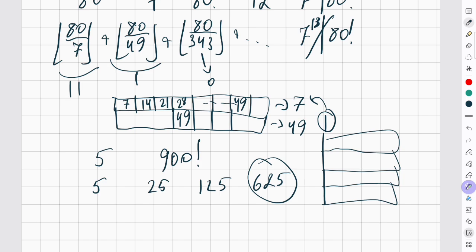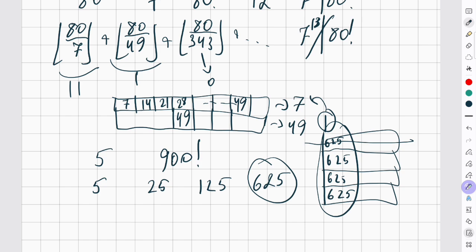So the numbers that are divisible by 625 will be written here, also here, also in the second row, and in the fourth row. So that is why we just use the same number 4 times, because it contains four 5s in itself, and it works like this. So in each case we just delete one row.